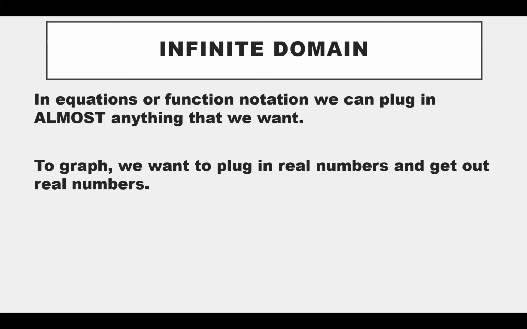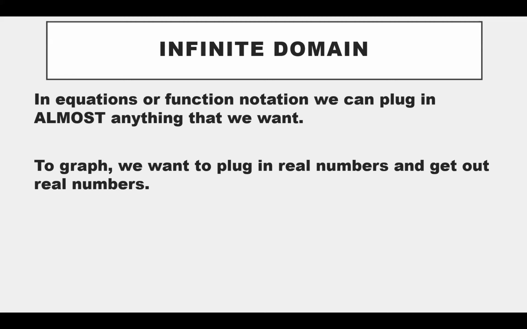Now, when we're plugging numbers into functions and we want to graph on the Cartesian coordinate plane, we want real numbers to be plugged in, and we want to also get out real numbers as our output. We don't want to get things out that are complex numbers or imaginary numbers or anything like that.